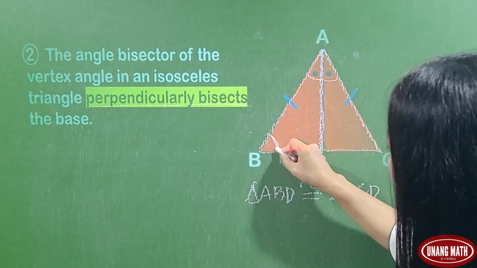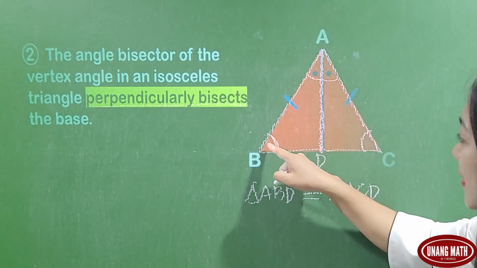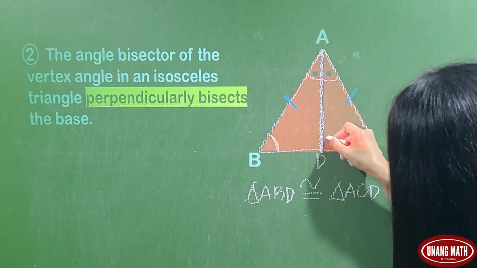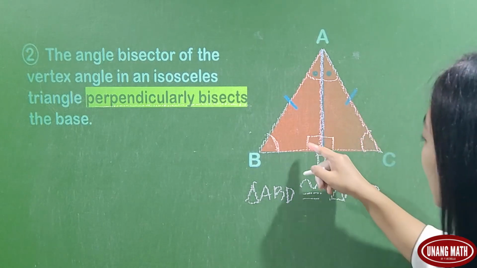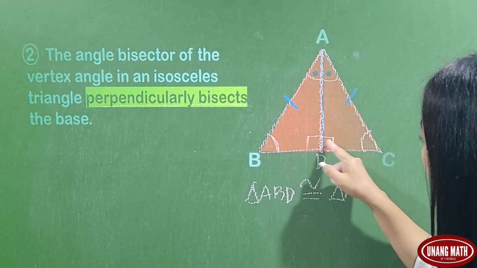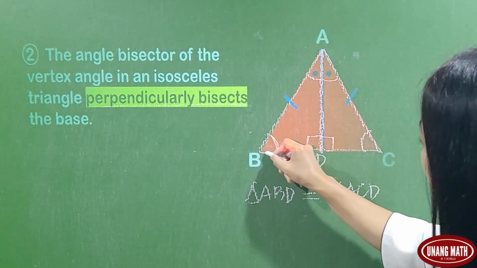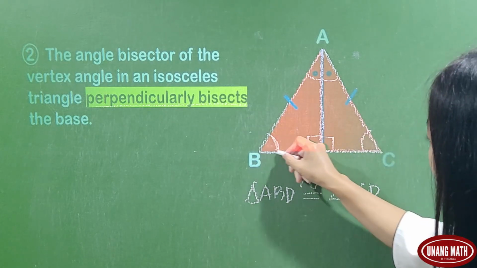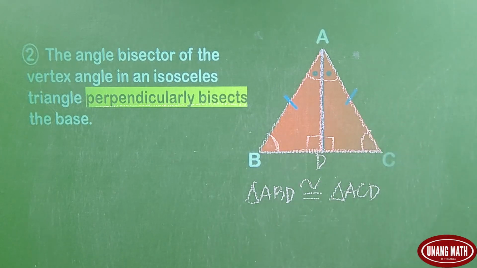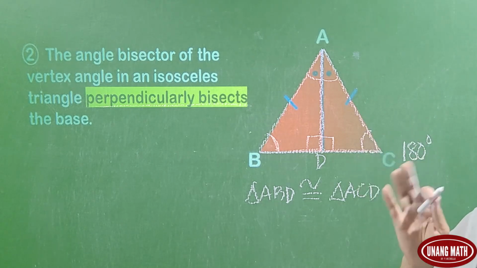These two angles are our base angles and they are equal in measure. Okay, this angle and this angle are corresponding angles. So it means they are also equal in measure. This segment BC, or the base of this isosceles triangle, is a straight line. And we know that straight line measures 180 degrees.